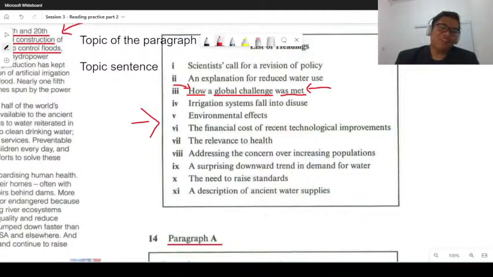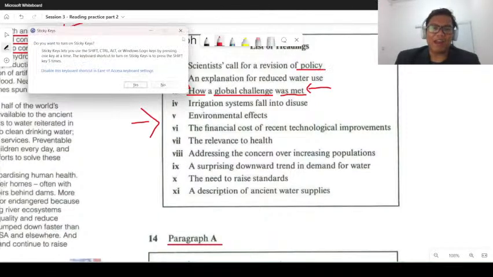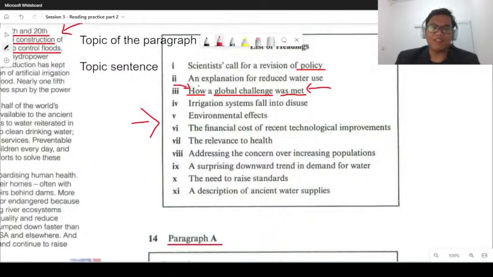So, for example, here in heading I, scientists call for a vision of a policy. Okay, so if there's any paragraph that talks about policy, I might need to refer to this heading, and also something to do with scientists call. And there's also a revision, so a change, right?